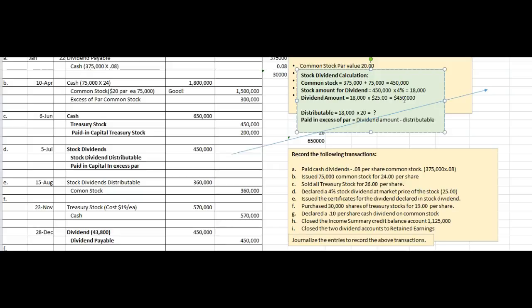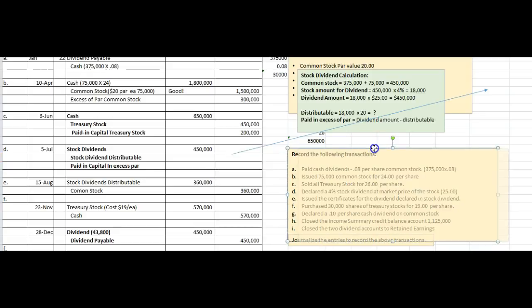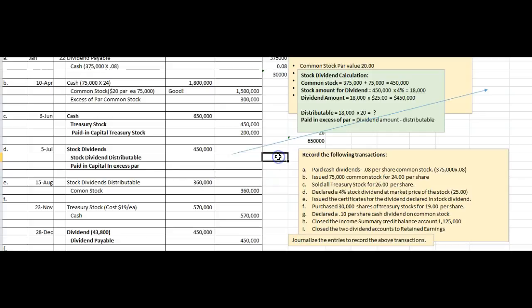Okay, now again, you're doing the same thing. Your stock is written at par. So I can't go over the par amount for what's going into common stock, or the distributable. So that's 18,000 times $20. That's the par.